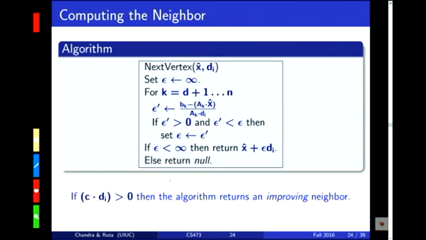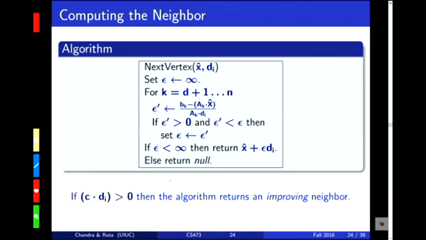So it's basically just x hat plus epsilon times di. And this vertex will be an improving vertex if c dot di is strictly greater than 0. Right?